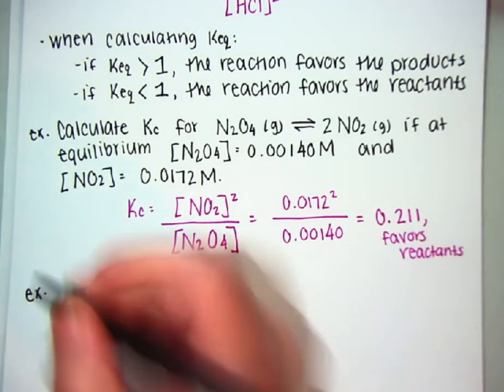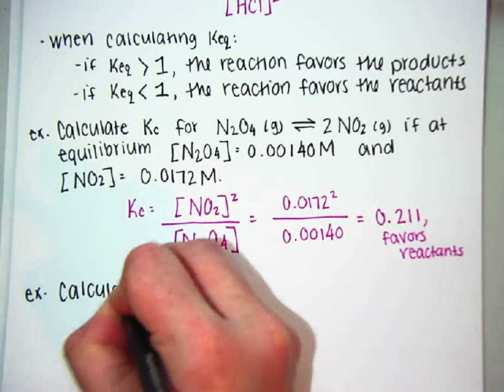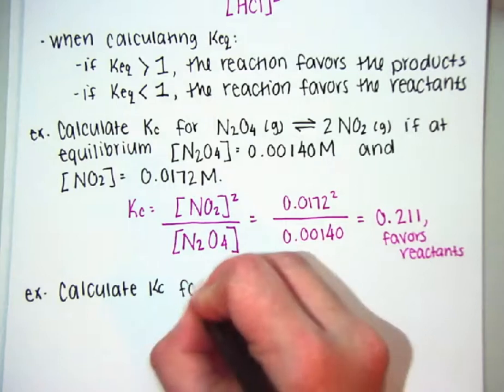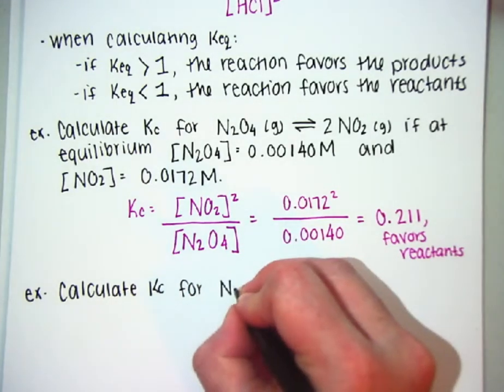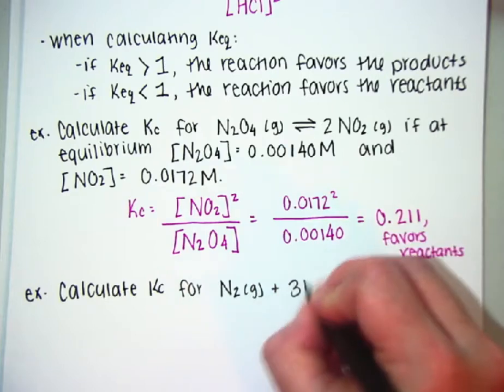All right, try one on your own and then we'll be done. So this one we already wrote the equilibrium expression. I already gave you this one as an example.